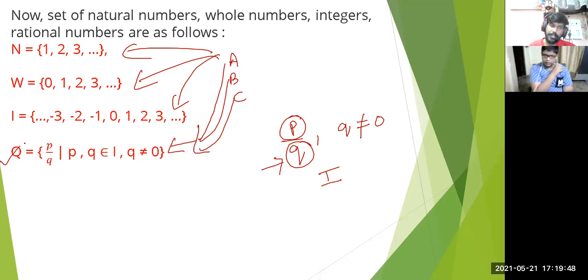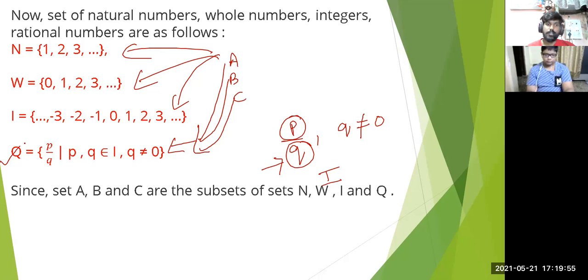So this also can be a universal set. Is this clear? Yes, sir. Okay. So since A, B, C are subsets of N, set of natural numbers, W, set of whole numbers, I, set of integers, and Q, set of rationals, either one of these, any one, you can take to be your universal set for A, B, and C. Is this clear?